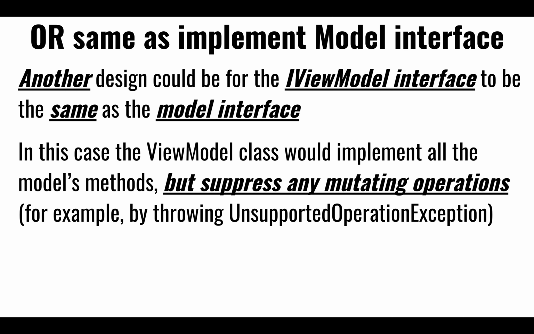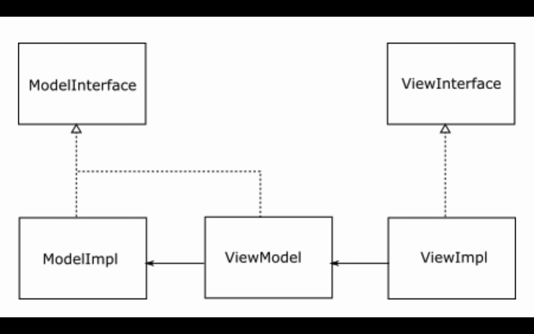Another way to implement the same thing is to have our view model and the model both implement the same interface, where both the view model and the model implementation implement the model interface.